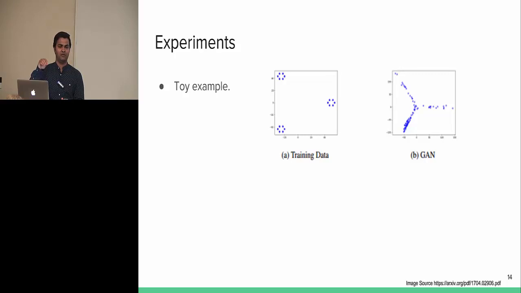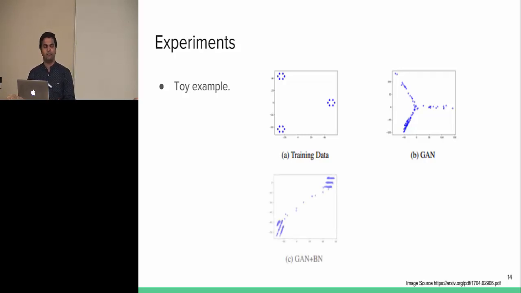So that 2D output will then be passed to the discriminator, and the real samples will be the samples that are sampled from this 18 Gaussian mixture model. So then the discriminator will learn to distinguish between the real and the fake, and then the generator will learn to generate samples from the real distribution, which is this 18 Gaussian mixture model. So if you are using a vanilla GAN, these are the outputs that you have.